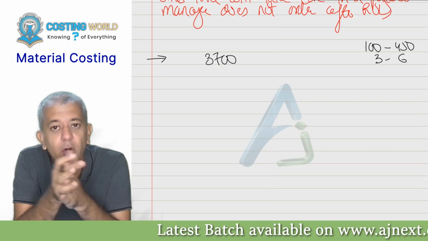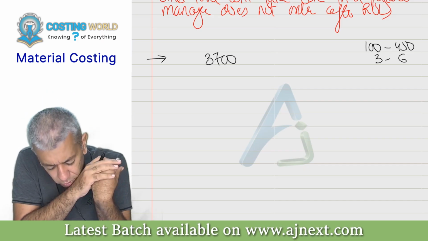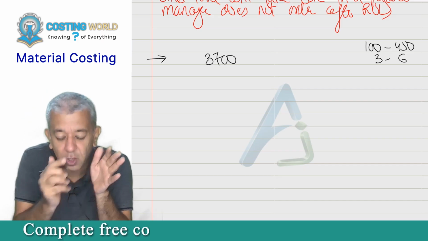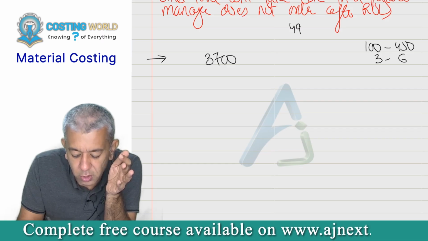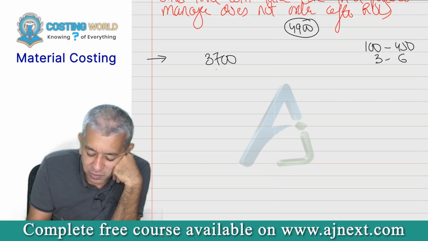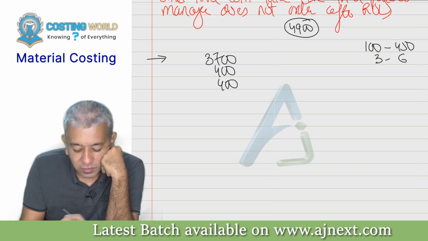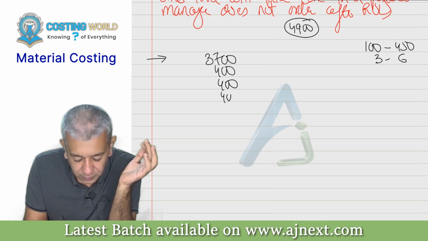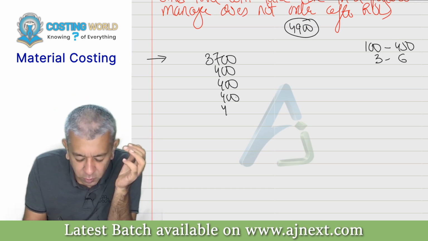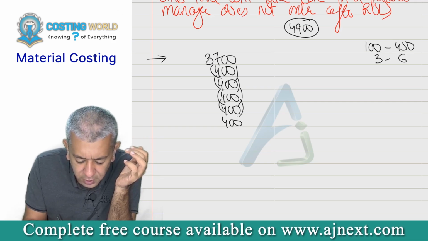He ordered at 3,700, so he made a mistake here. But he will only get caught if the actual stock goes above 4,900, and it might not go. To give you a small example, first week we consume 400, second week 400, third week 400, fourth week 400, fifth week 400.